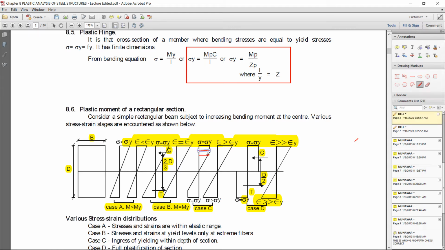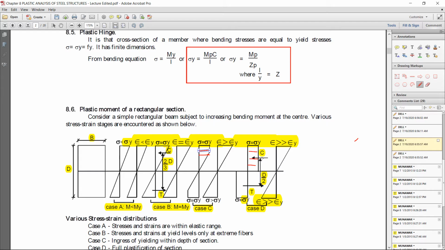In the fourth case you can see the yielding continues until it reaches the neutral axis. Now the whole section is yielded, starting from the top until it reaches the neutral axis.